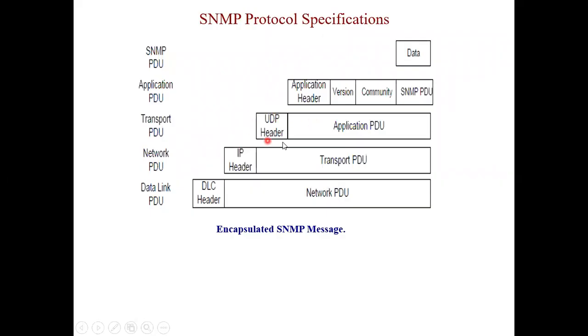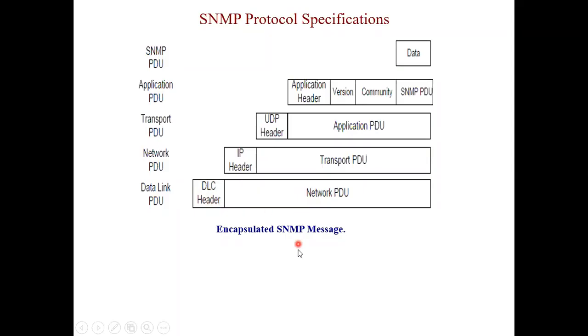Then this entire thing, see, they have drawn it very nicely in the exam. Also, you are supposed to draw it in this way. This whole thing becomes the transport PDU, and then the network layer will attach its IP header. This entire thing becomes the network layer PDU, and it comes to the data link layer. The data link layer again adds its own header.